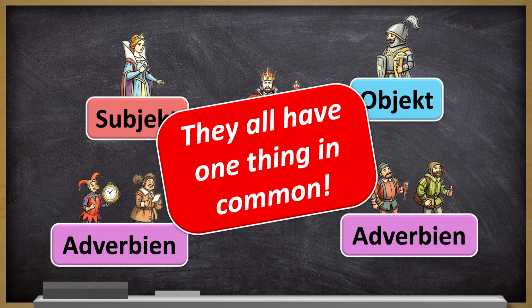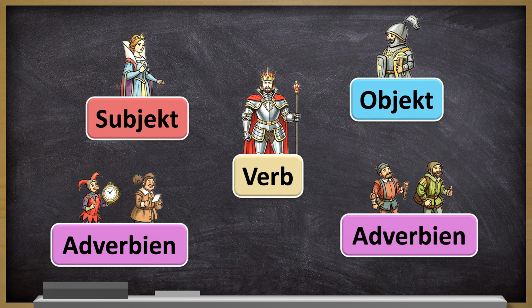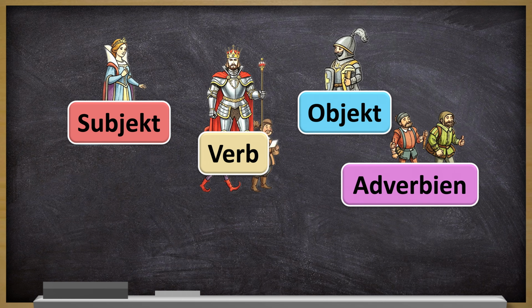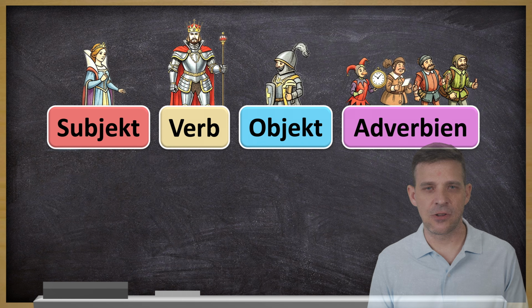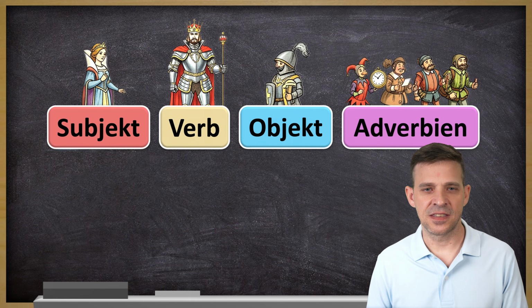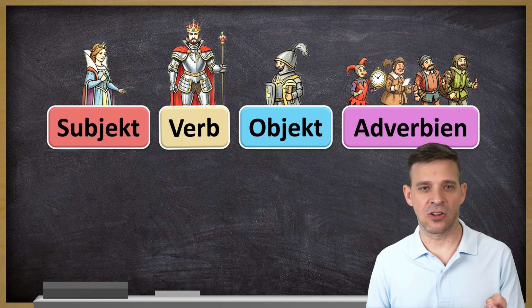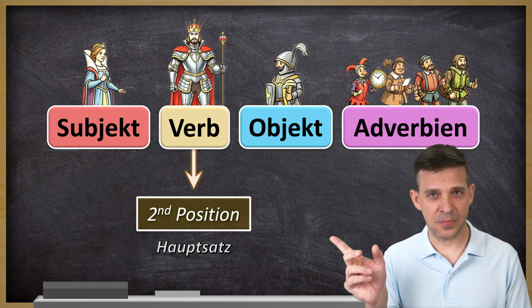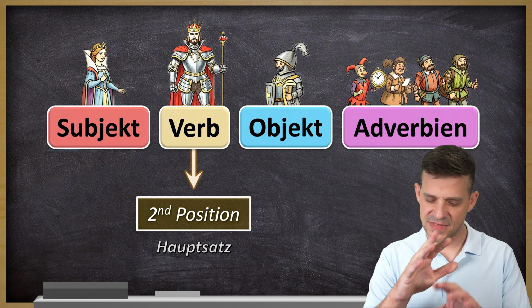And they all have one thing in common, which is they all want to be as close as possible to the king. When we look at this in a normal sentence, in a normal main clause, let's say, Hauptsatz, here the king, the verb, is on second position. That's fixed.